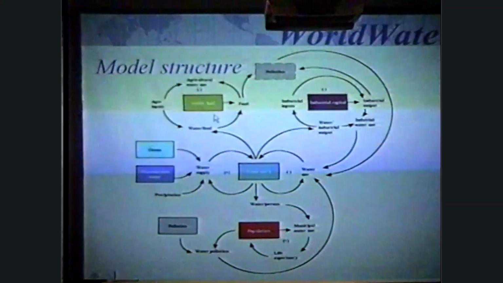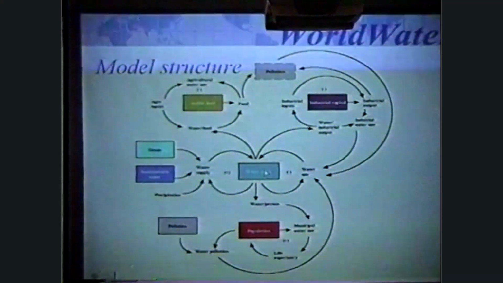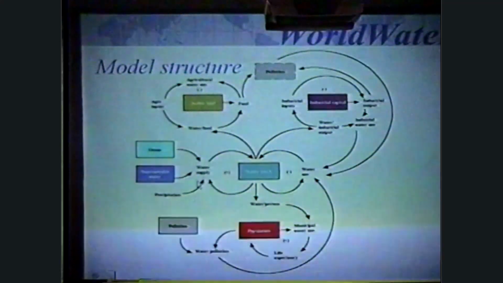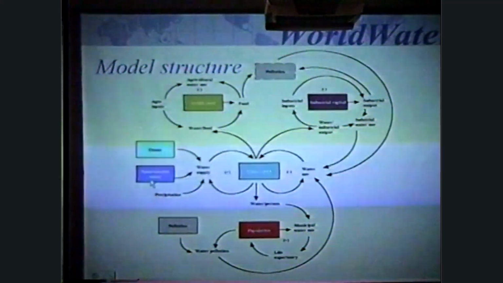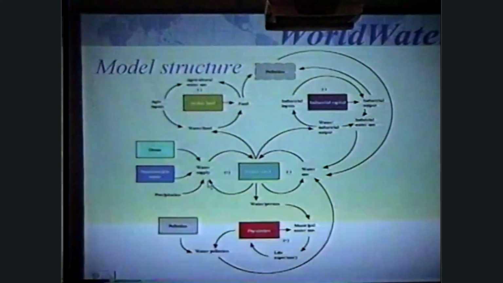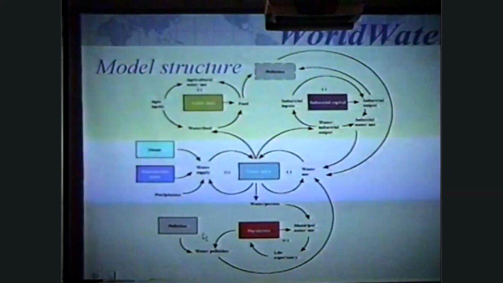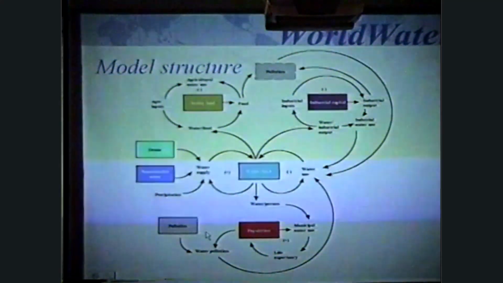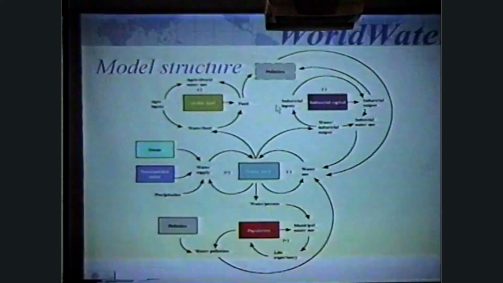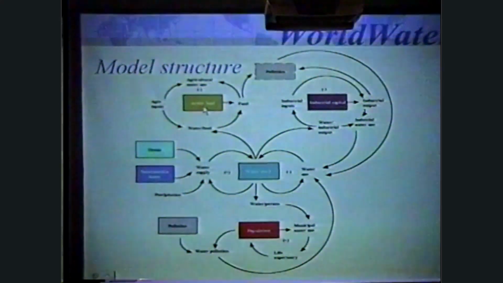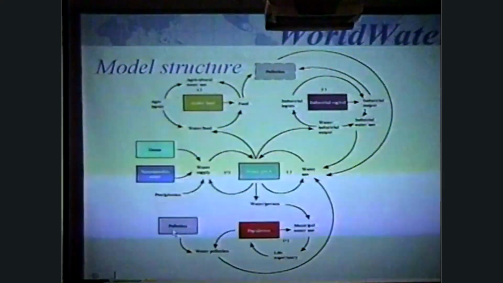What you see in the middle is the part I am very much concerned with, the water stock affected by the use and the supply from oceans, non-renewable resources, and renewable resources like precipitation and so on. The remaining blocks are basically the blocks from the World Three model. All five of them are here: population, industrial capital or industrial development, agriculture, food production, and pollution.